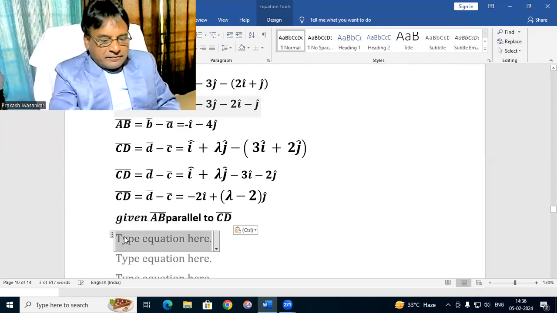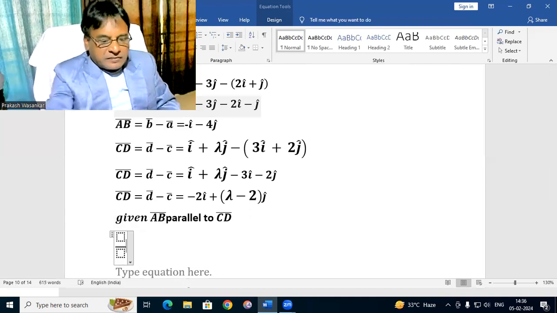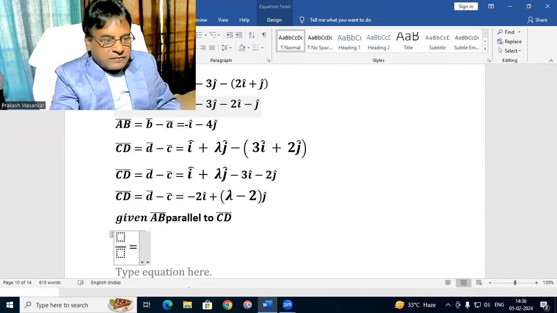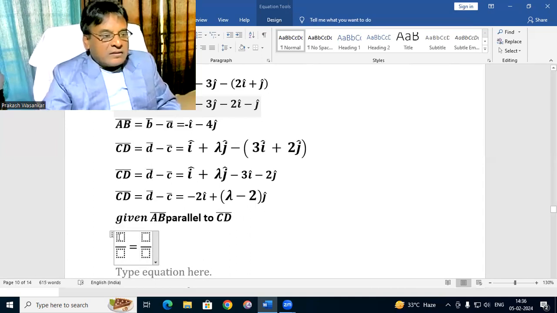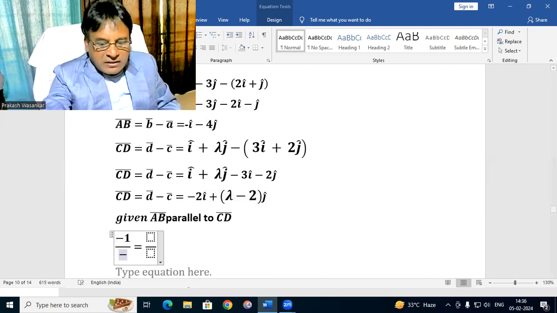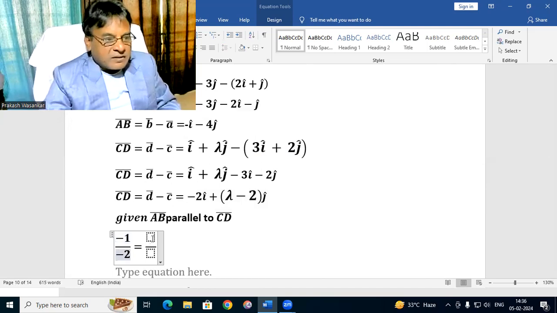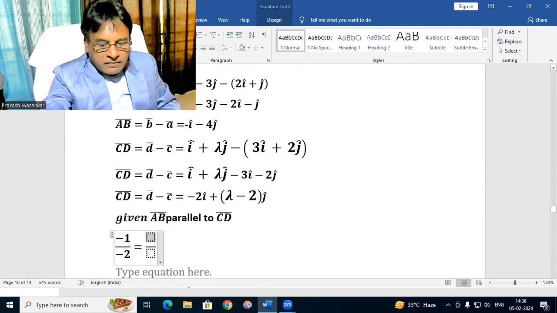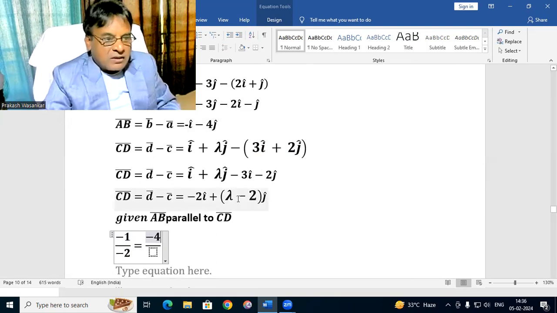Therefore, here DRs of AB bar, here -1 upon here -2, again here -4 upon this lambda -2.